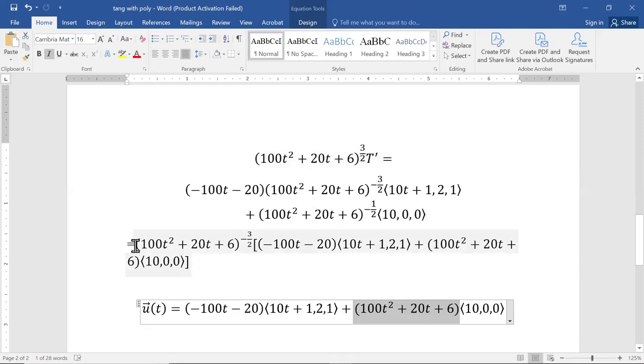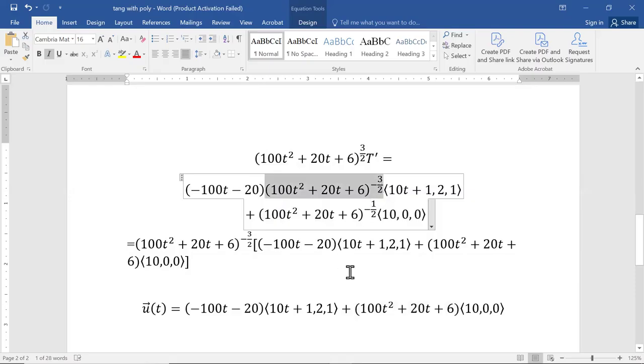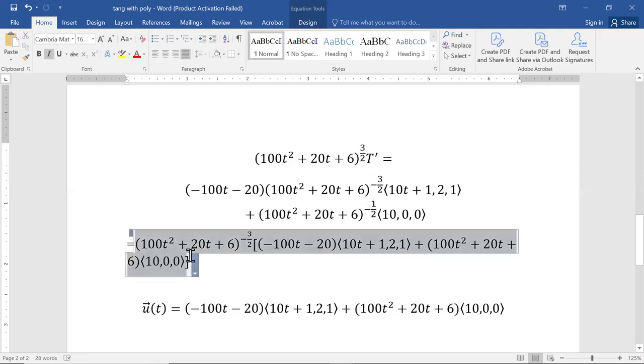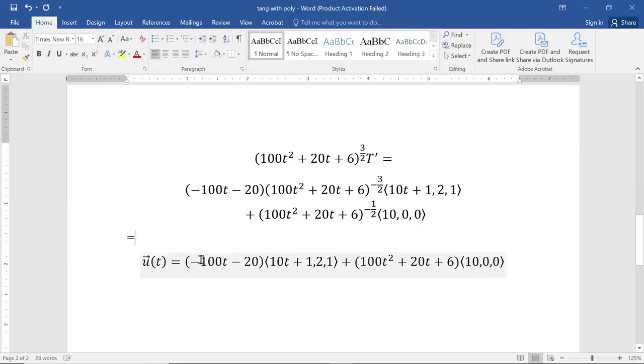Doesn't matter. But the point is, this piece gets canceled, and this piece then has an exponent of 1. I'm going to do it that way.